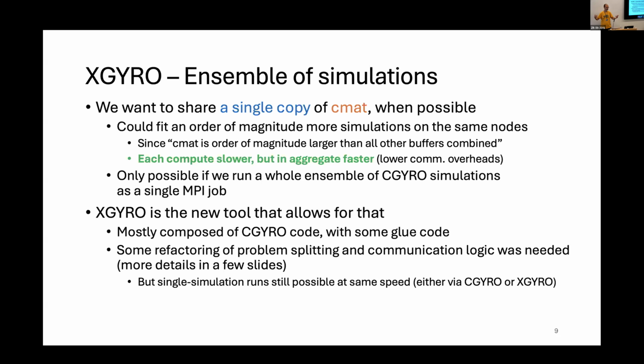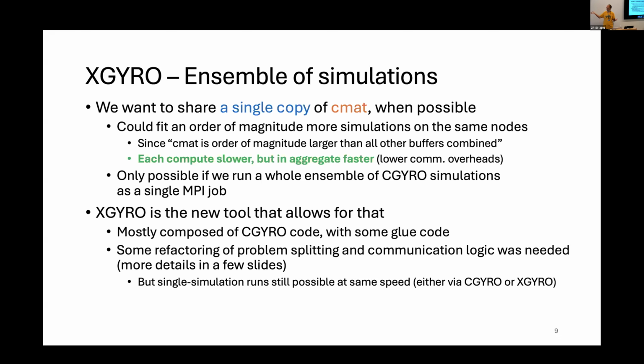So we developed a new tool that we call XGYRO, multiple times CGYRO, that will aggregate a bunch of simulations. And ideally, we want that CMAT to be shared across all of them. So that's what XGYRO is. And I'll go into a little bit more detail on how we did it.